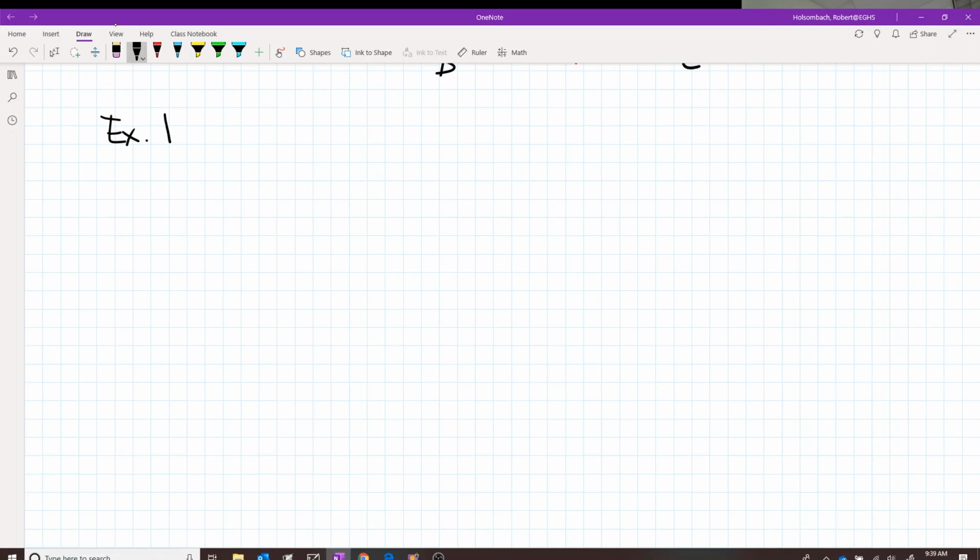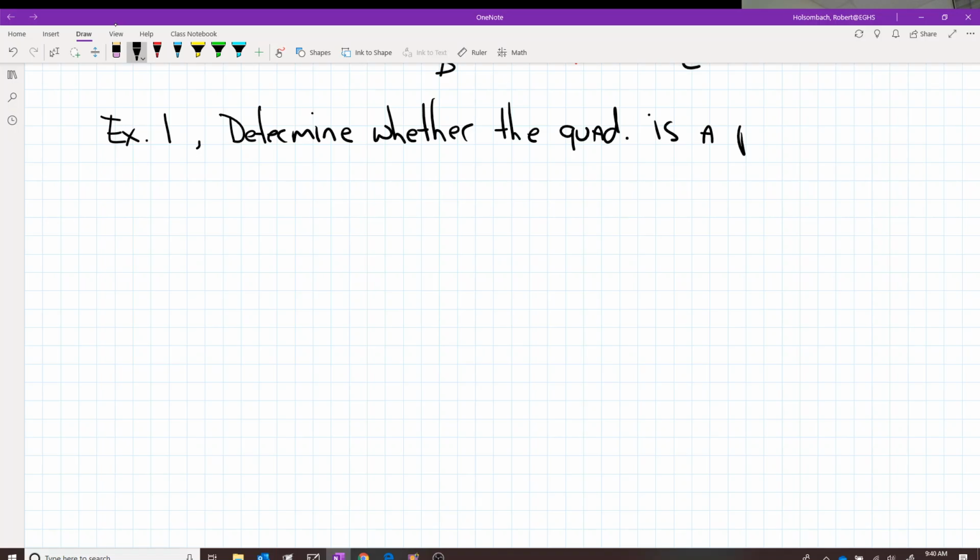The question is, determine whether the quadrilateral is a parallelogram. And I believe it asks you to justify your answer.